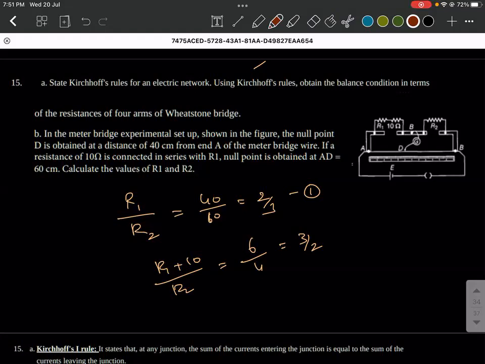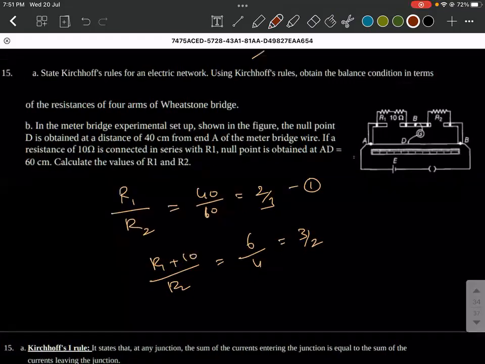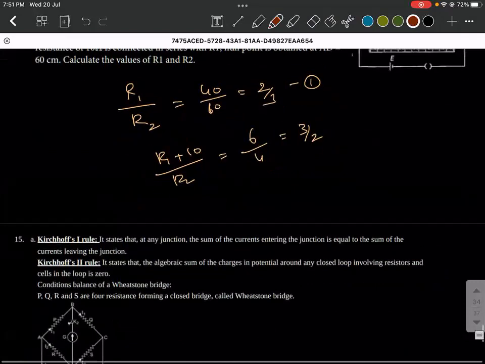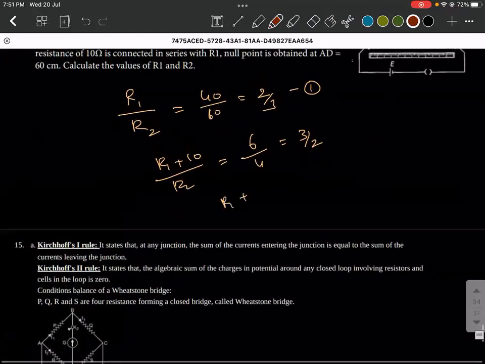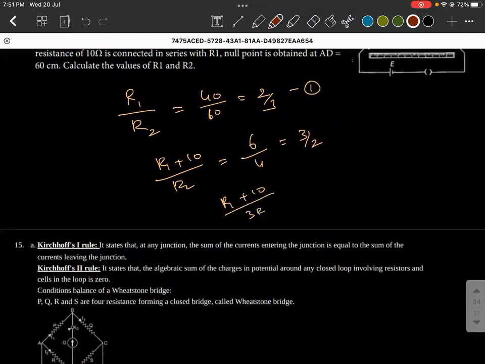Can I write R2 as 3 by 2 R1? So R1 plus 10 into 3 R1 by 2 is equal to 3 by 2, which implies 2 R1 plus 20 is equal to 9 R1. So 7 R1 is 20, R1 will be 20 by 7.